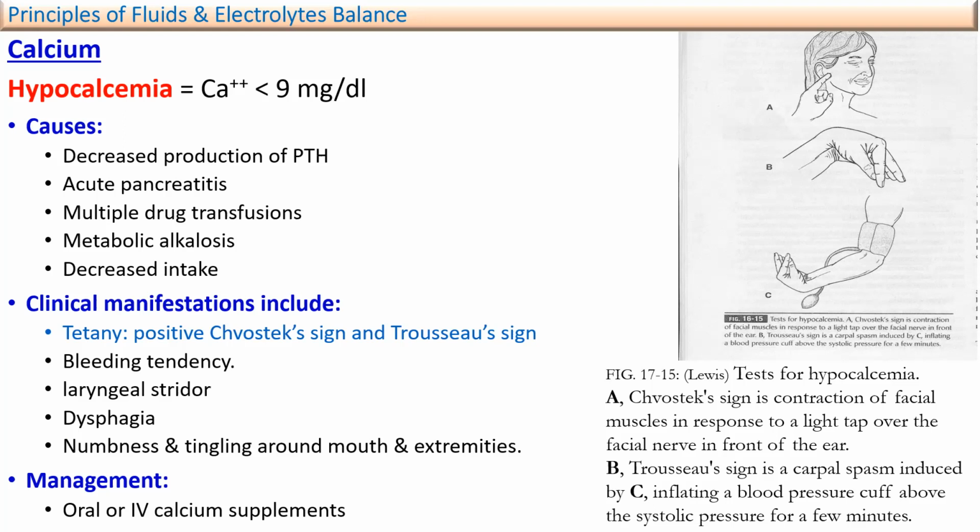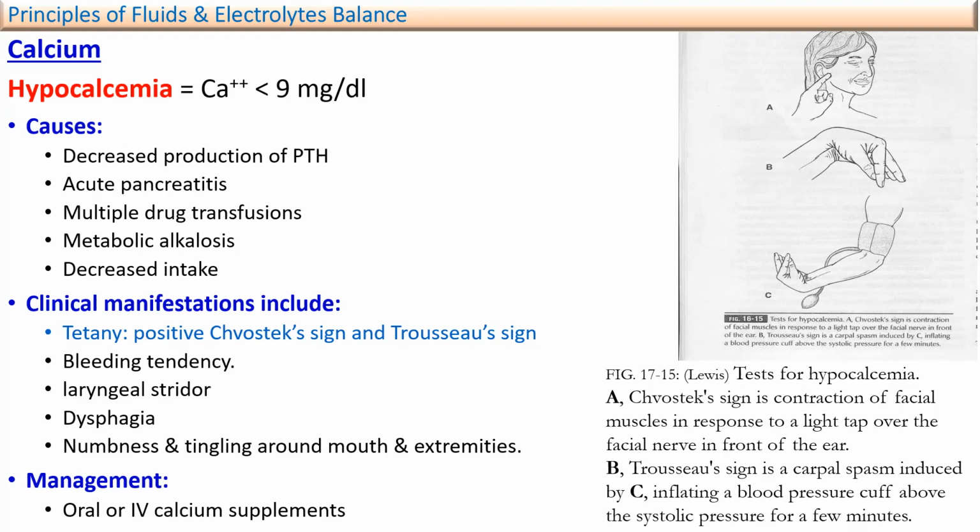And we explained in class the difference between these two signs. The Chvostek sign is the sign of hypocalcemia in which the facial muscle will contract in response to light tapping over the facial nerve in front of the ear.